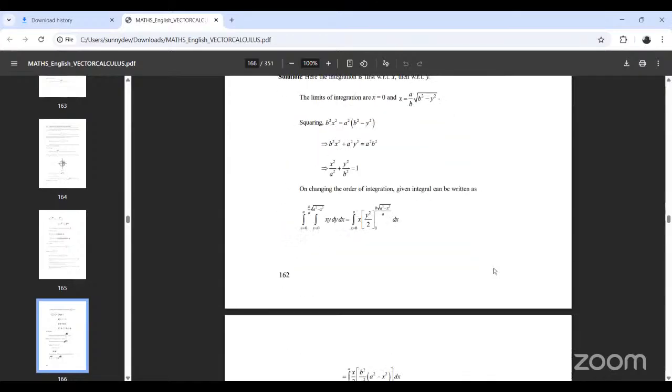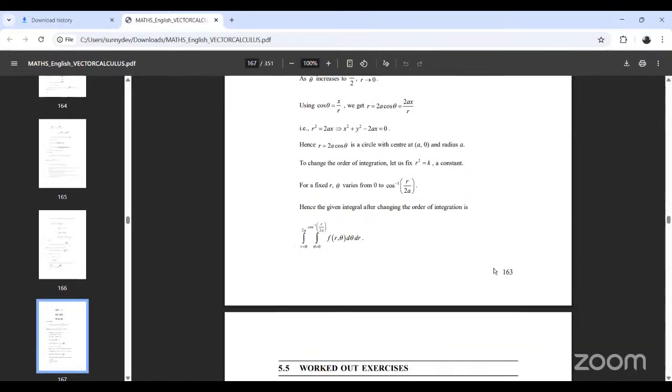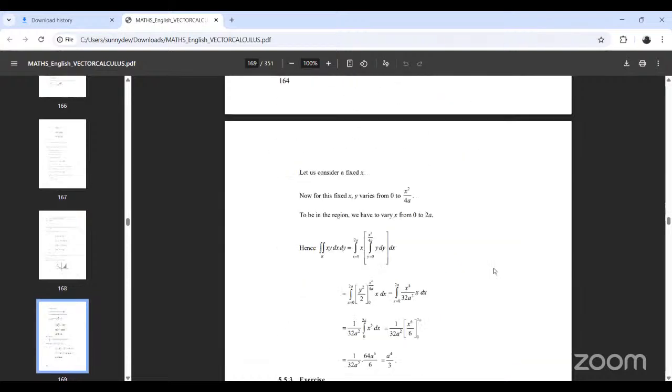And similarly the previous problem also. And these are the example problems.